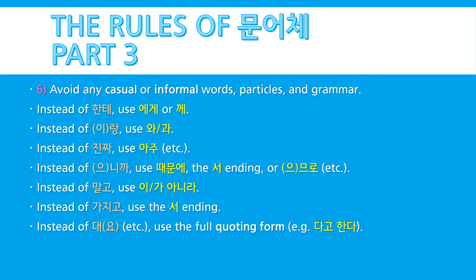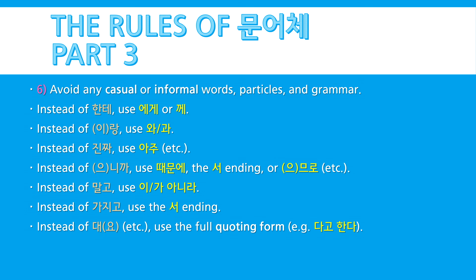So instead of using 한테, you'll use 에게 or 께. Instead of using 이랑, you'll use 와 or 과. Instead of the adverb 진짜, you can use 아주 or others. Instead of the grammar form 으니까, use 때문에, the 서 ending, or 음으로, for example.